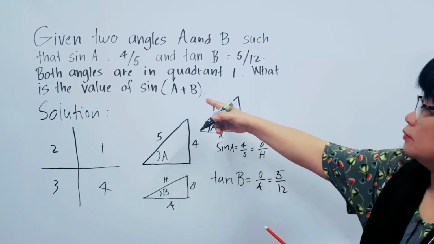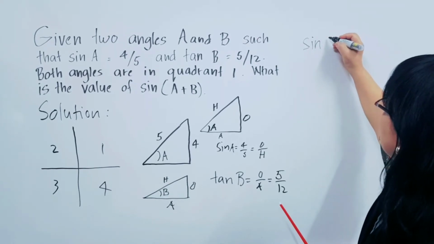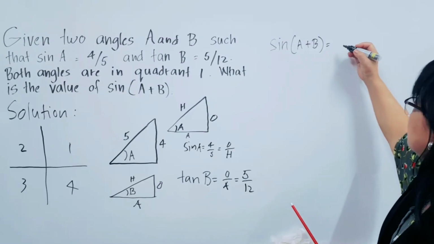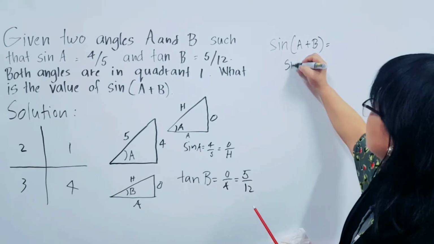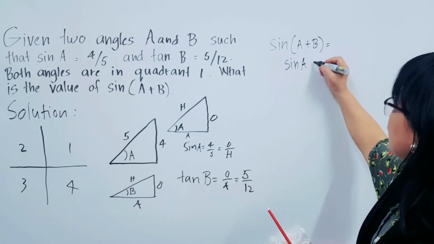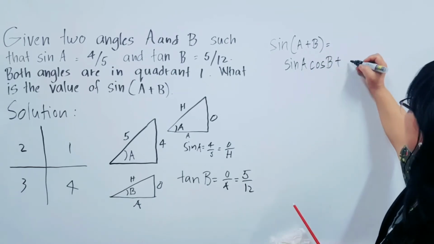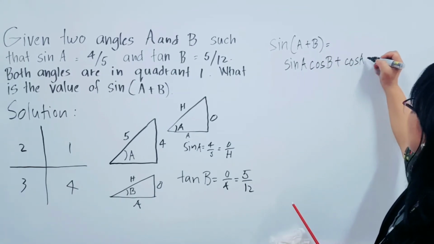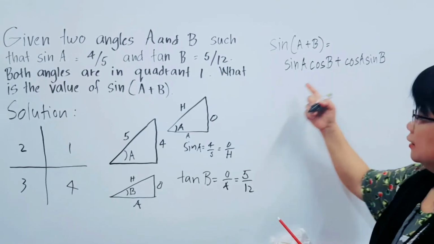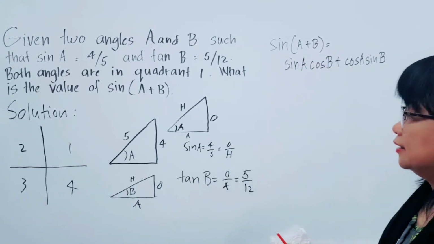Now, here, we are looking for sine A plus B. The value of sine A plus B is equal to sine A cosine B plus cosine A sine B. That is the formula of sine A plus B. This is a trigonometric identity.